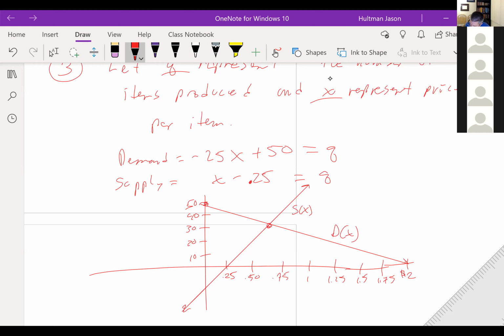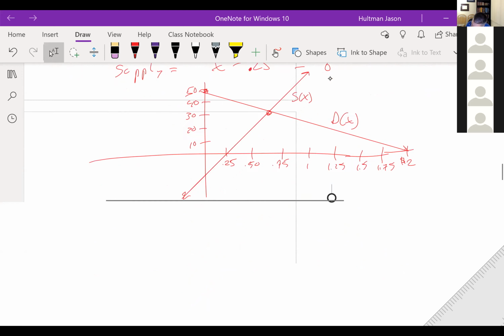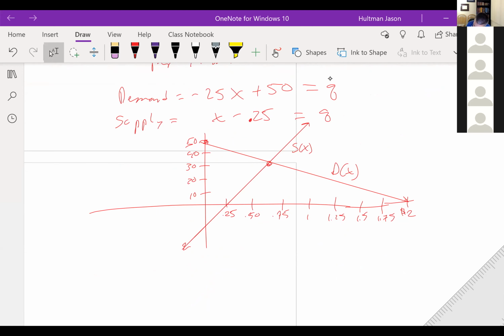So we could just plug these in. Set these equal to each other.